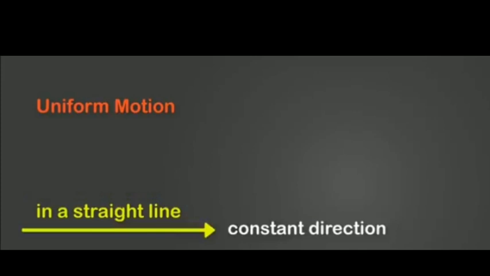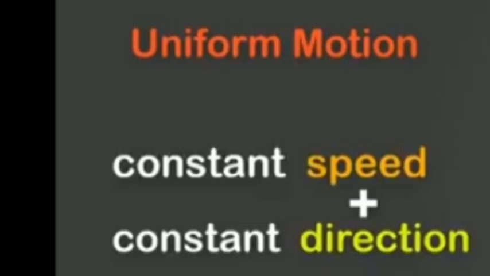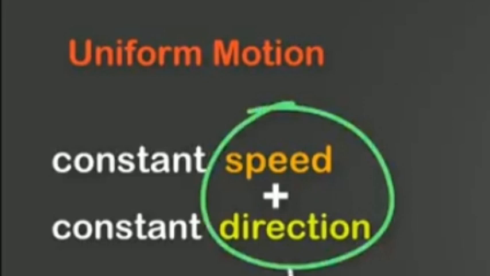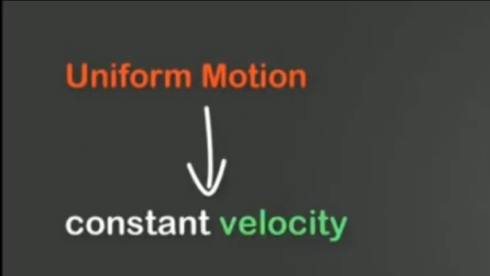So here we have constant speed and constant direction. And as we know, velocity is speed with direction, so the car is moving at a constant velocity. So uniform motion means the body is traveling at a constant velocity.